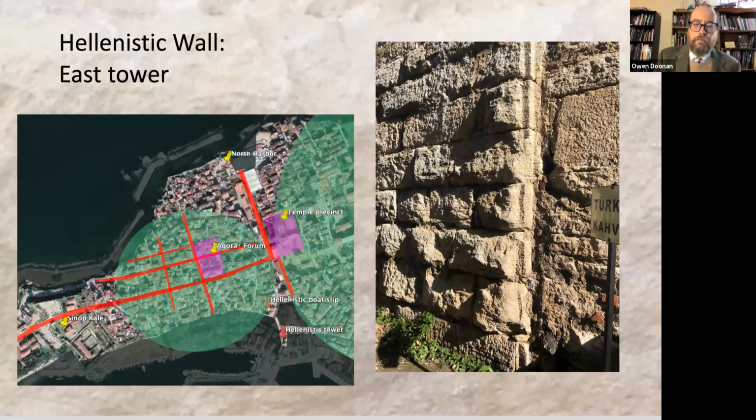Now, a discovery last February, in fact, has also led us to understand that there was a wall, and certainly at least one tower, of the same kind of Hellenistic masonry on the east side of the city, and it's located here on our map.